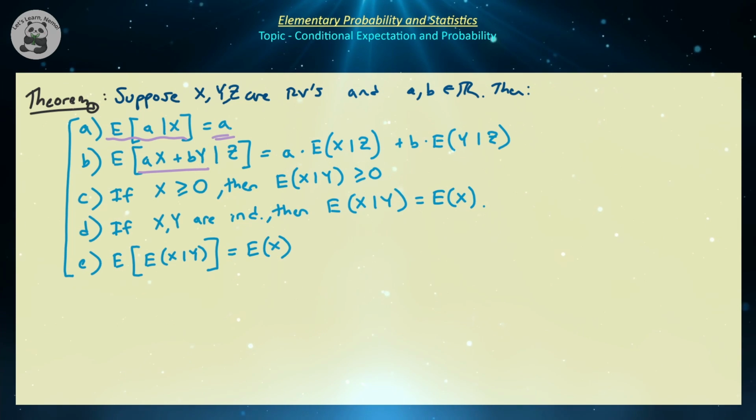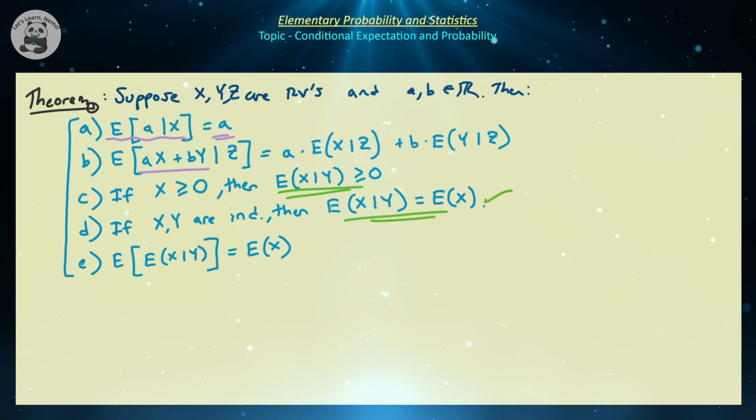Also, if x, either continuous or discrete, is a non-negative random variable, then the expected value of x given a particular value of y is also going to be greater than or equal to 0. So that's actually pretty nice. You know, integrals also have that type of behavior as well. Also, if x and y are independent, then the expected value of x given y is equal to the expected value of x.